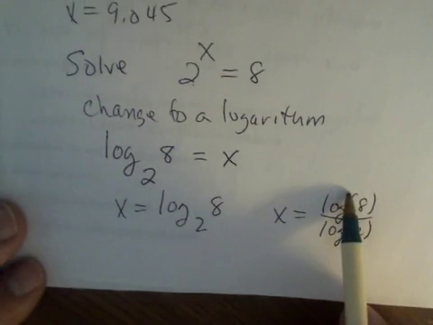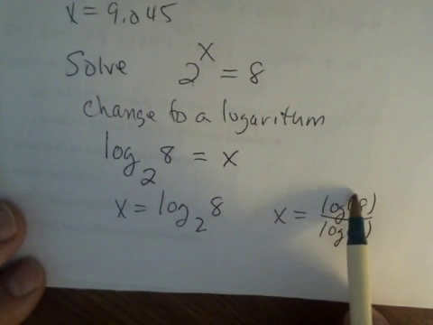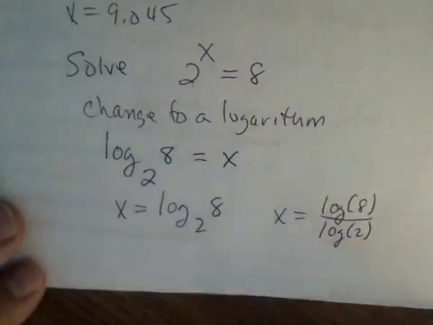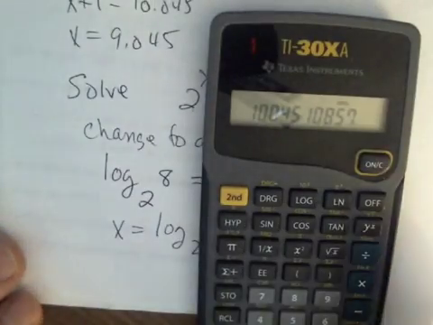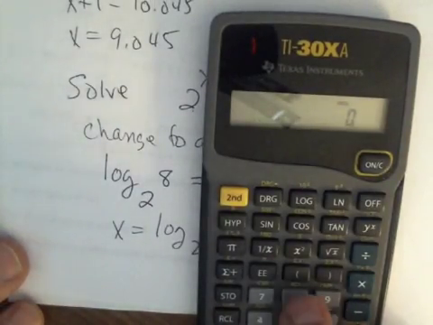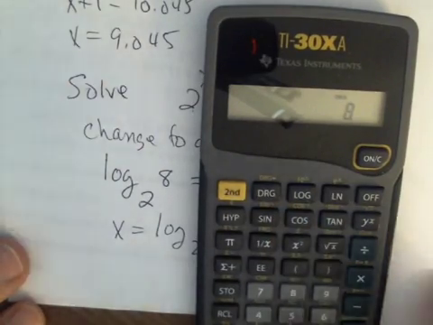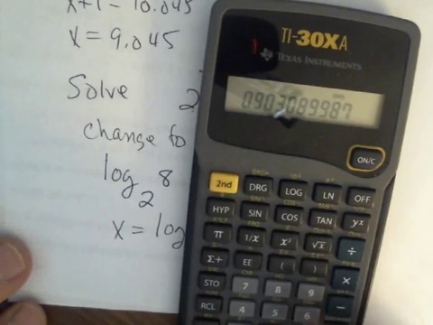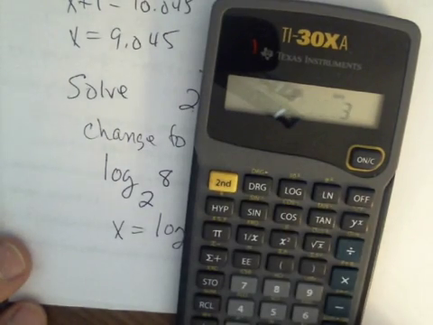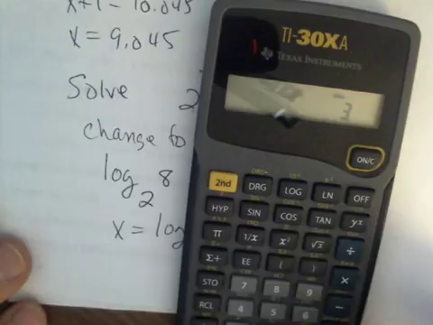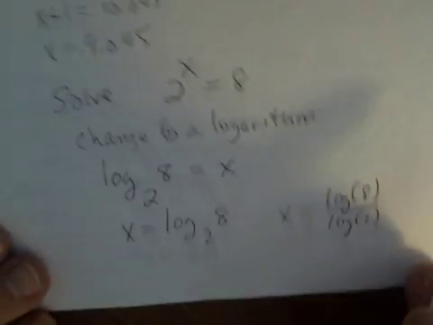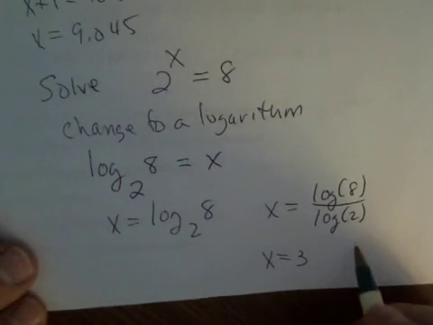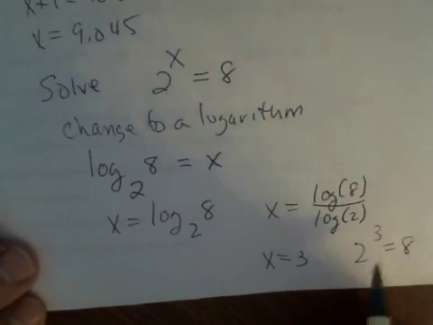If you're using a graphing calculator or other calculators that allow you to type everything in at once, make sure you close your parentheses. On this calculator, I have to do it backwards. I do 8 log divided by 2 log, and I have to hit equals to get 3. And we know that's 3 because we did it earlier. X is 3. So 2 to the third is 8.